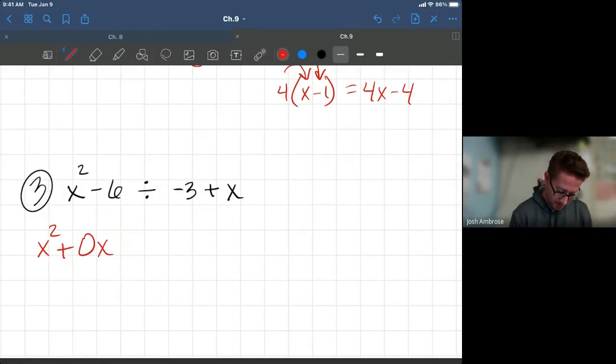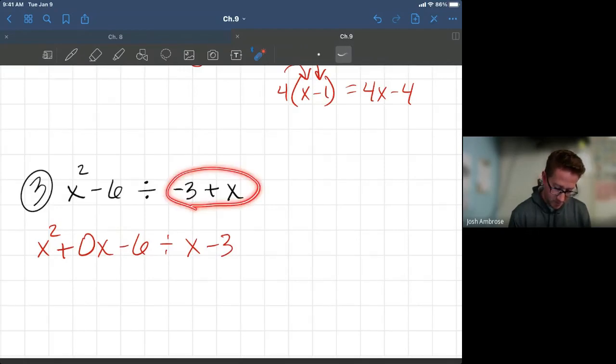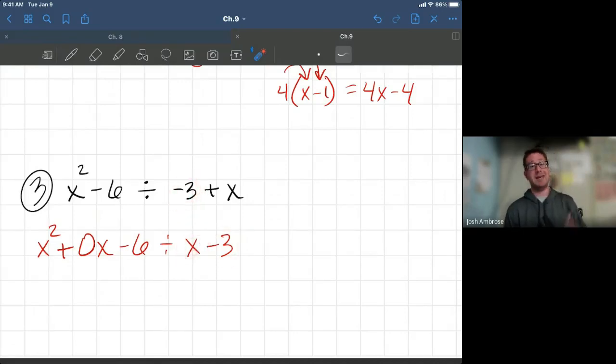Okay, minus 6 divided by x minus 3. Remember, this was out of order, so I had to put the x in front, minus 3 goes in the back. Okay, now it's written in the proper order. You'll notice, didn't have a middle term, we had to make a middle term. Now we can go perfectly descending order.